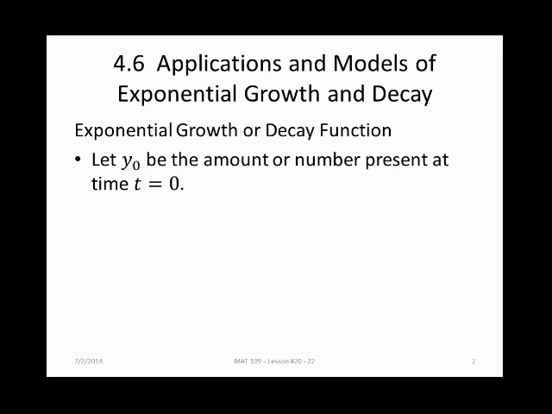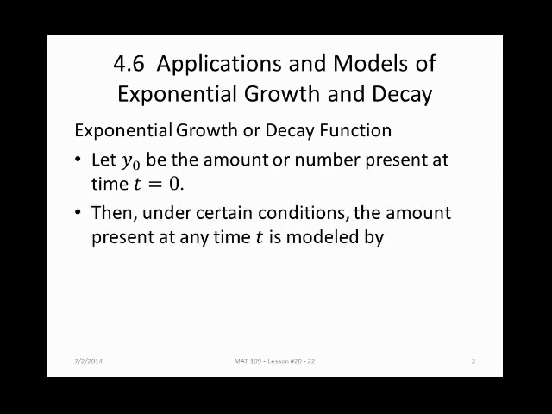Generally, when you have a subscript of 0, and this is a subscript, anytime it's written down below, halfway below the line, that's called a subscript. When you have a subscript of 0, that generally means the beginning amount. So y sub 0 is the amount present when we start keeping track.